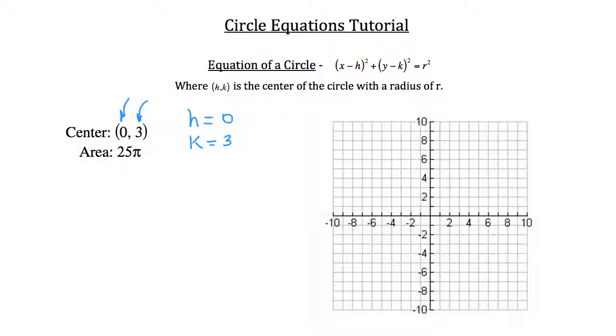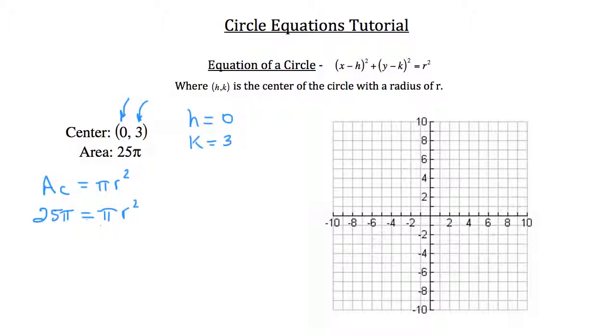Now we also have the radius here, hidden inside this area. If the area of the circle is 25 pi, and you know that the formula for the area of a circle is equal to pi times radius squared, we can solve for that hidden radius. The area of our circle is 25 pi. So that'll be equal to pi times our circle's radius squared.